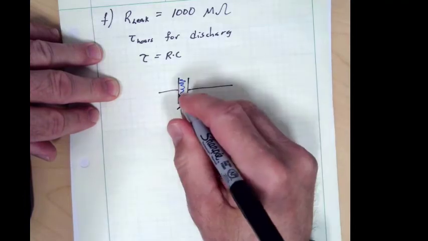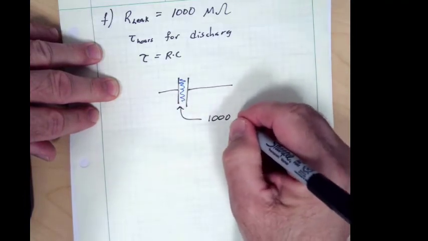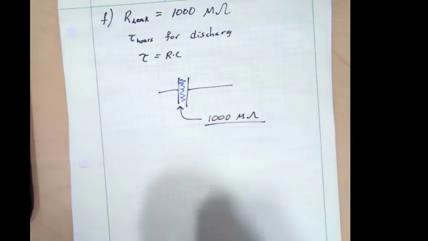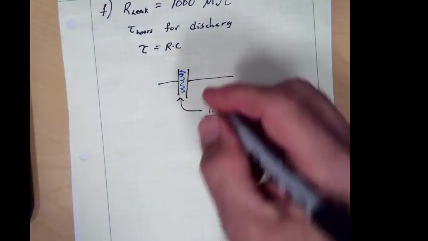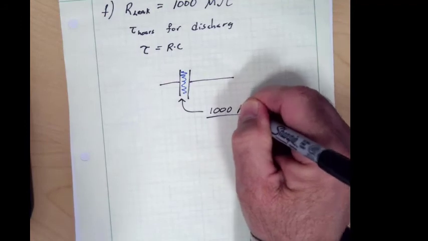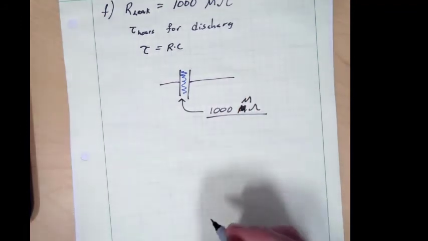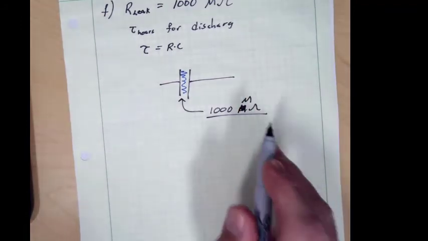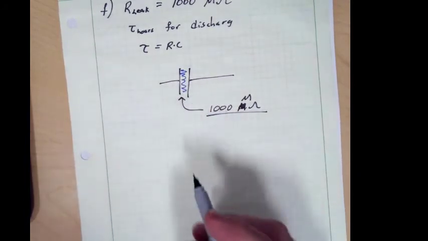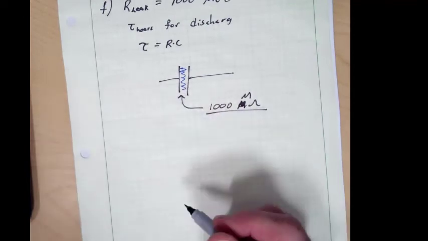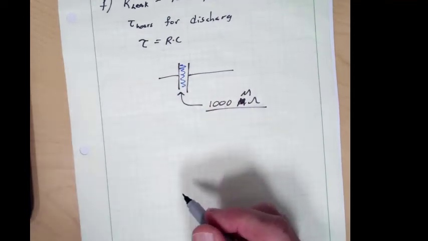It has a resistance here between the two plates of 1,000 megohms, which is a lot of ohms, 1 gig ohm. That's the leakage resistance of that capacitor.